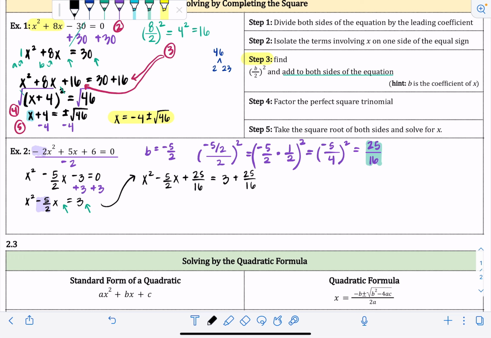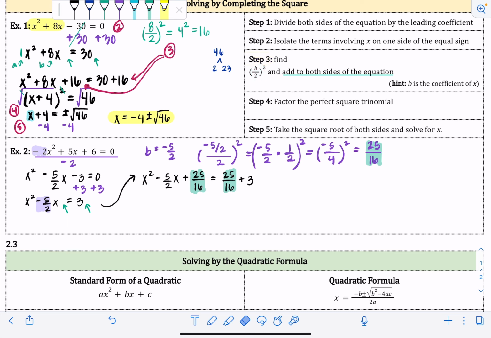And then I'm going to flip my order to give myself more room on the side of the 3, because that'll come in handy in a second. So I'm going to do 25 over 16 plus 3. If you want, you could just leave a little space after the 3 if you don't want to switch the order. So that 25 sixteenths came from the b over 2 squared, and we had to add it to both sides of the equation.